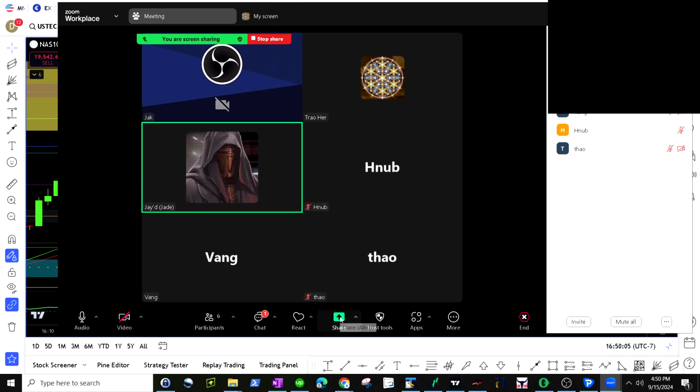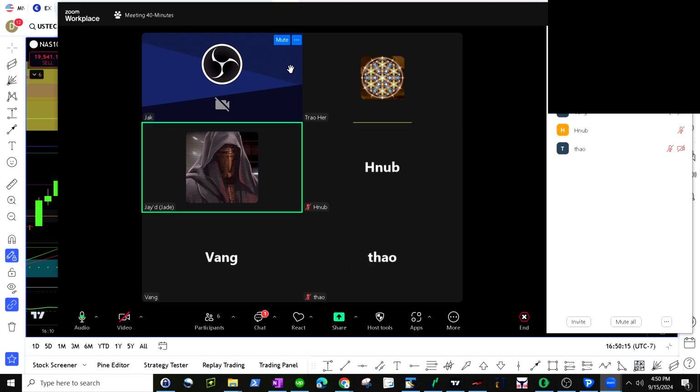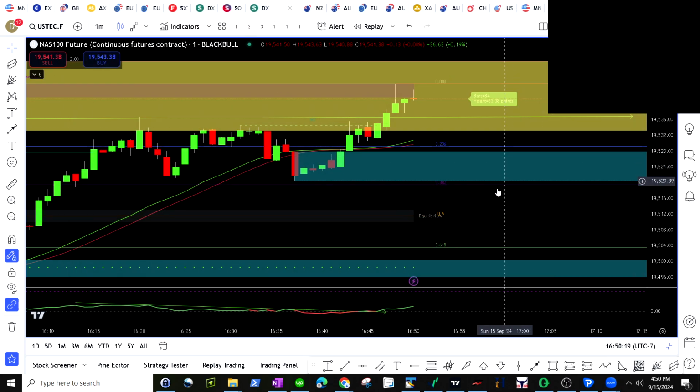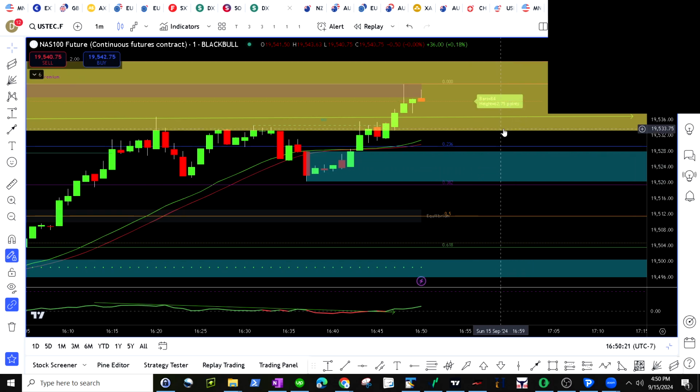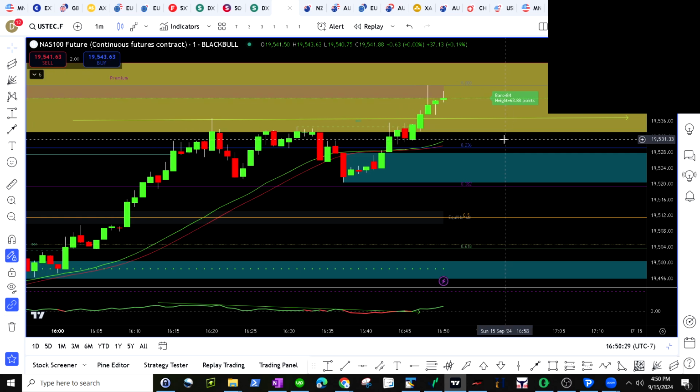Just click the share there and stop. Yeah, it doesn't allow me to disconnect the share. Oh, here we go. Stop sharing. Okay. Yeah, I know it's up here. All right, so I just stopped the share there. You guys go ahead and bring yours in. Jack, represent the scalpers. Let me see if I can even figure this out, man.